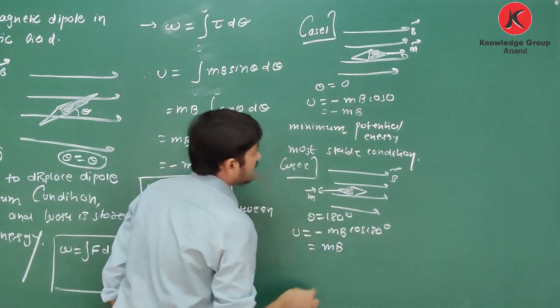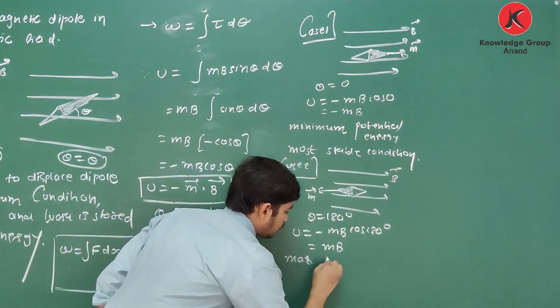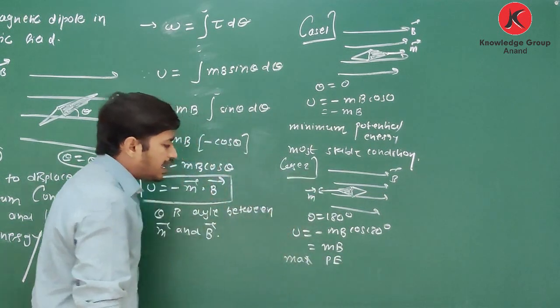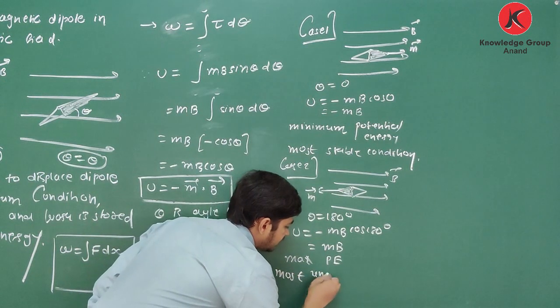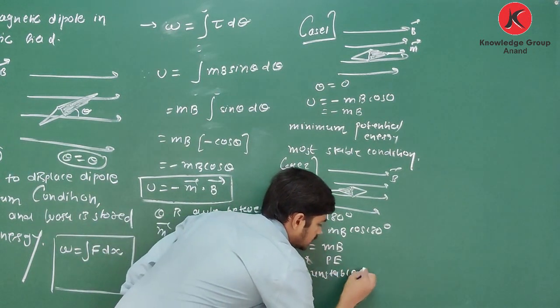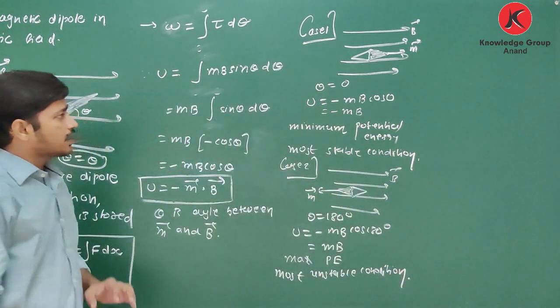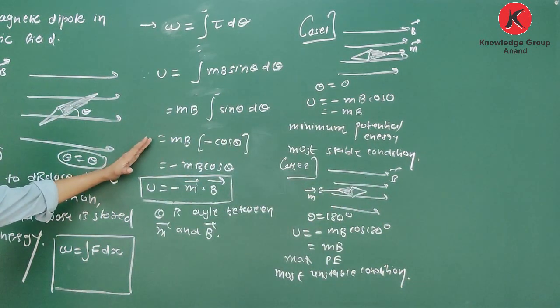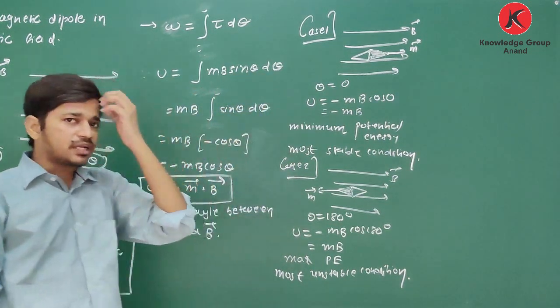So it will become MB. This means maximum potential energy, which is called the most unstable condition. Clear about this? Now see, this is the equation of potential energy, case 1, case 2, most stable condition, most unstable condition.